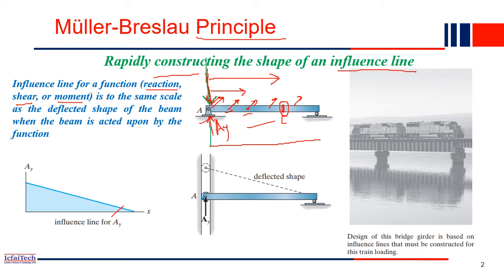When the load comes here, you will get a little bit less reaction at this point. So support A will have maximum reaction when the load is here, and as the load gradually moves this side, the reaction at A also reduces. So the influence line diagram will be like that, right?